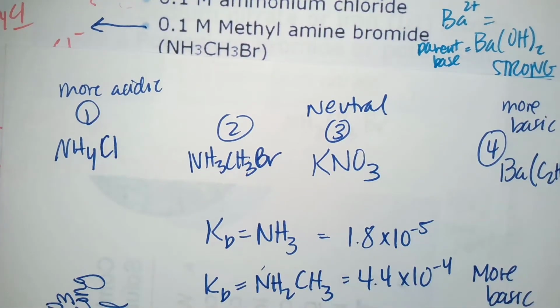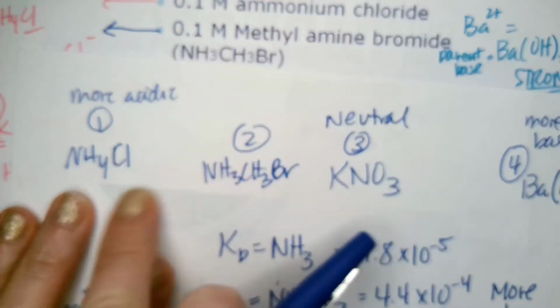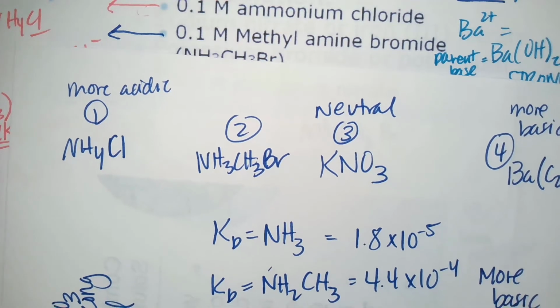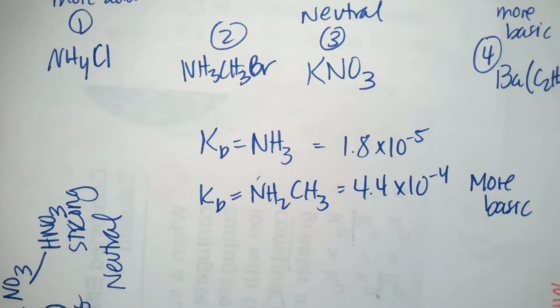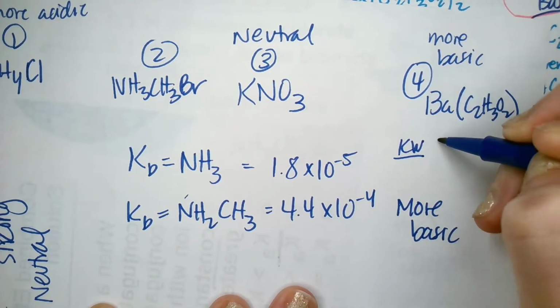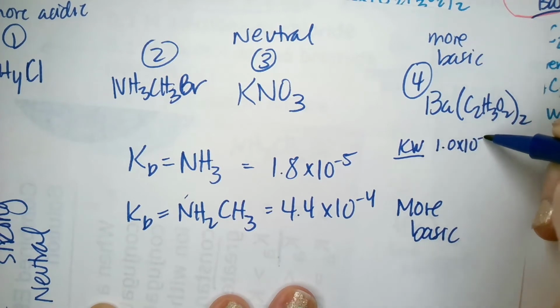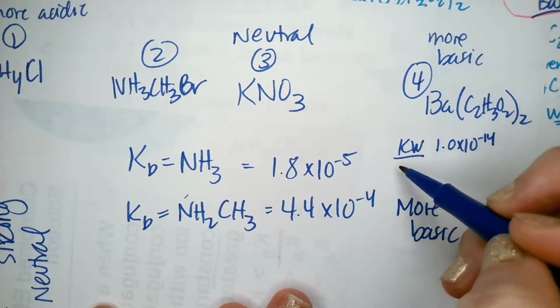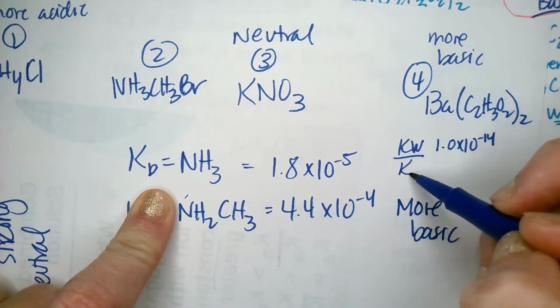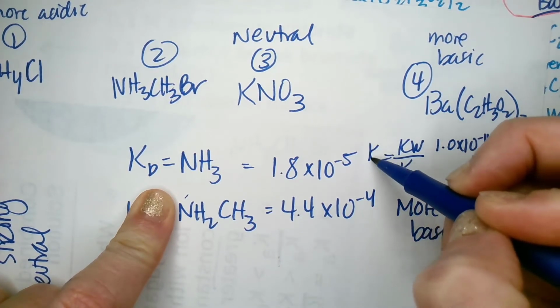We also could, if we were thinking more acidic, look at the Ka values of these, and to find the Ka values, we would just do Kw, which is 1.0 times 10 to the negative 14th, divided by the Kb value, that's equal to the Ka.